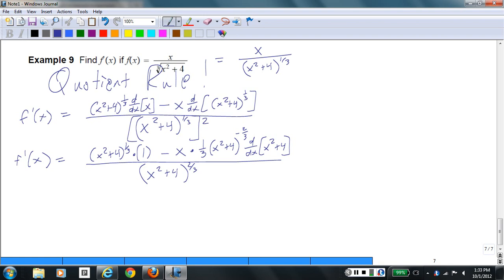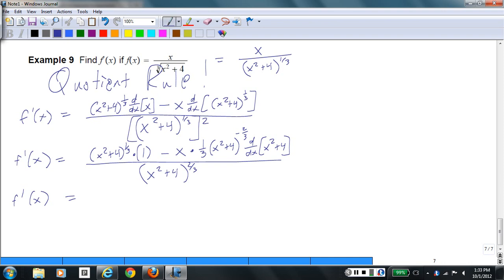Maybe there's some other things that we can do. Is it too soon to think about factoring a common factor out of the numerator? X squared plus 4 to some power? F prime of x equals... It's not too soon to start thinking about it.